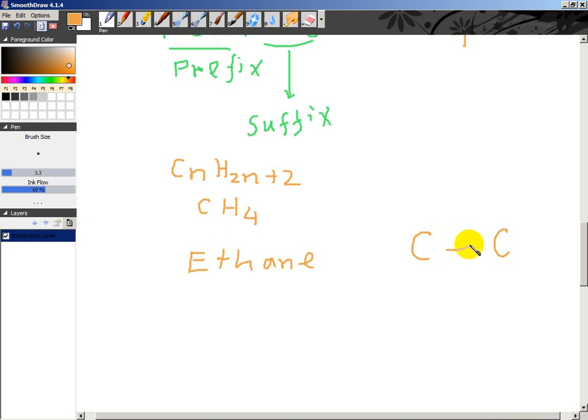At first one bond forms here, so this carbon will form 3 more bonds. These 3 bonds form with hydrogen. Okay, this carbon has one bond, so it can form 3 more bonds with hydrogen. This is ethane.